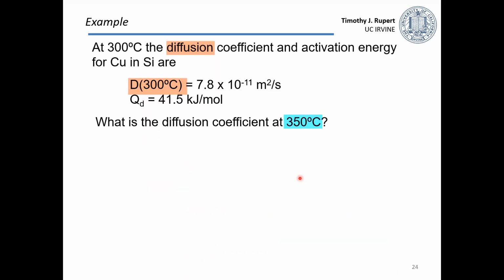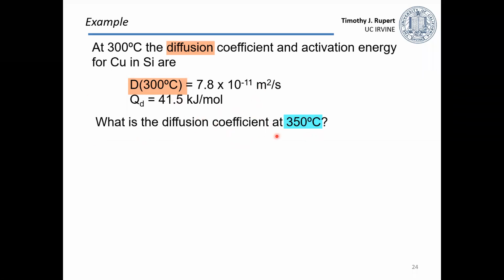So let's see how we can use this. For example, I could give you a problem that says, at a certain temperature of 300 degrees C, the diffusion coefficient and activation energy of copper in a silicon material are these values. So the diffusivity is 7.8 times 10 to the minus 11, and the activation energy is some value.